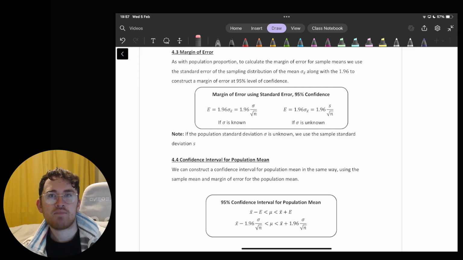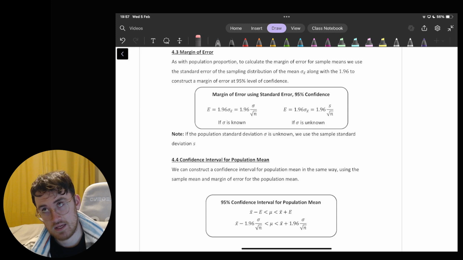So I take samples, and I find all these sample values and these sample means. I got a sample mean, but these sample means could be wrong. This sample mean could be far off from the actual value, so I need to account for some potential error.